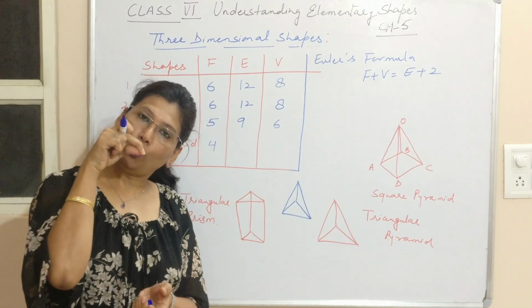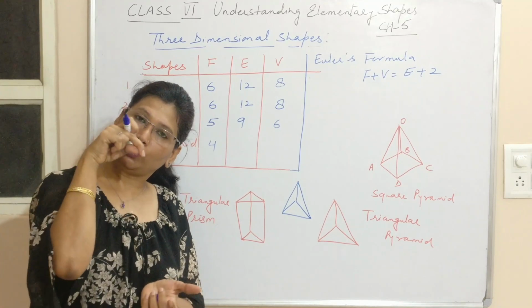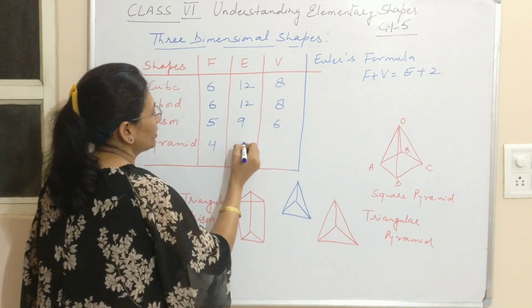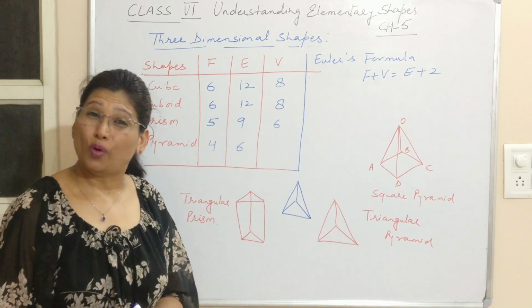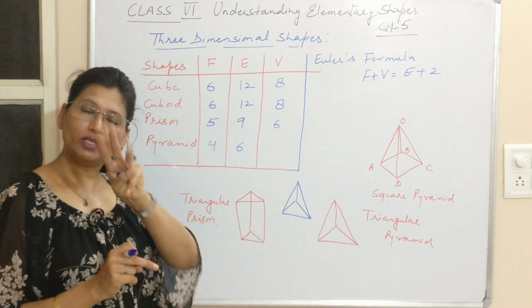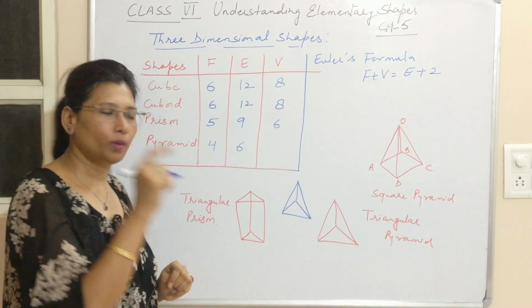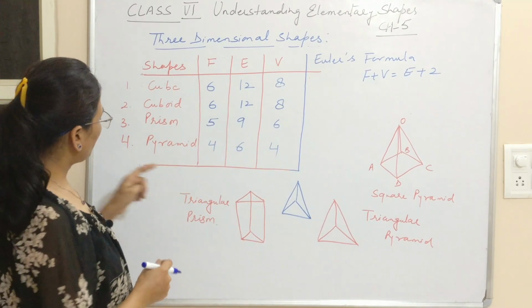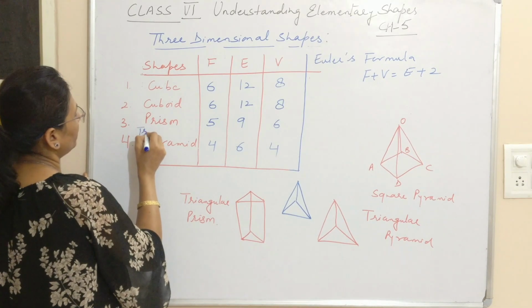And then those 3 points are meeting at a single point, so there are 3 lines being drawn. So 6 edges. And how many vertices? We have the triangle at the base, 3 points, and 1 point on the top. So 4 vertices. Here I am talking about the triangular pyramid.